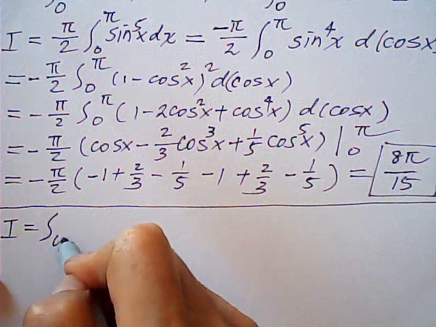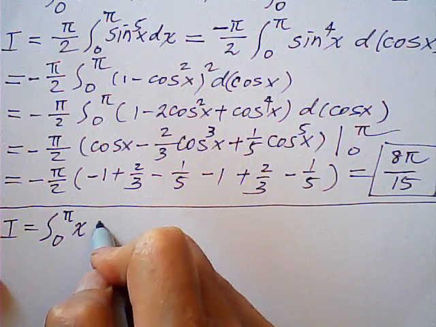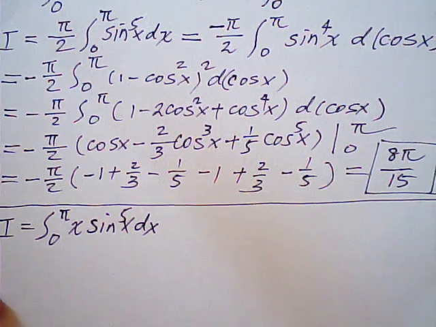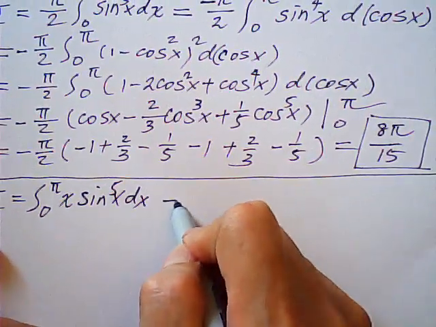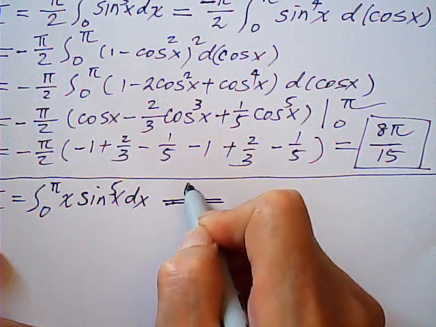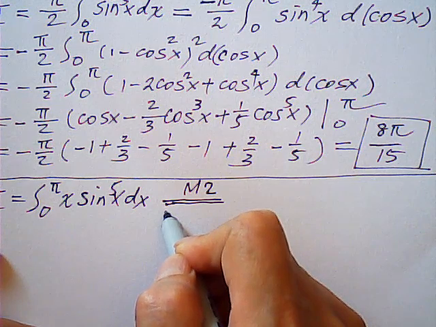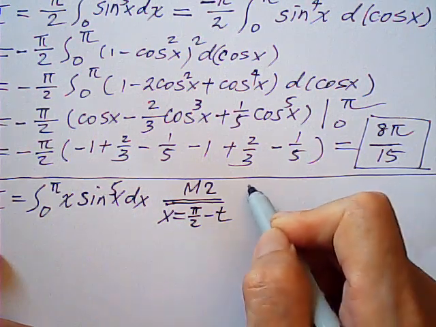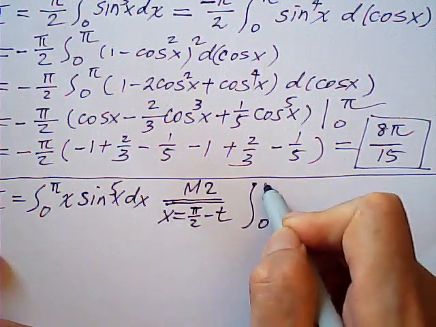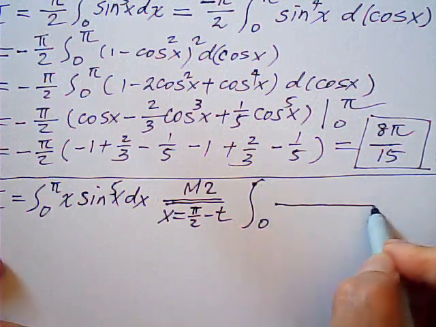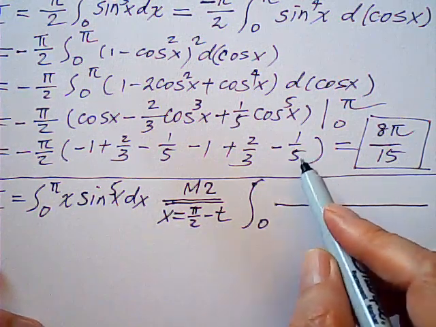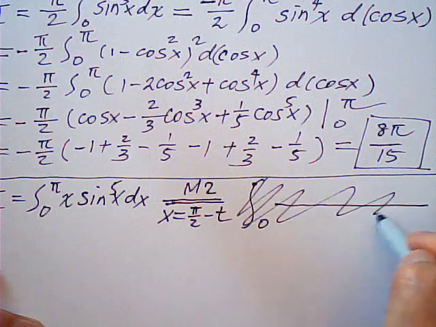Now, method 2. I is equal to the integral 0 to pi of x sine fifth power x dx. Method 2, I let x be half pi minus t. I'm sorry, I don't know why this one.